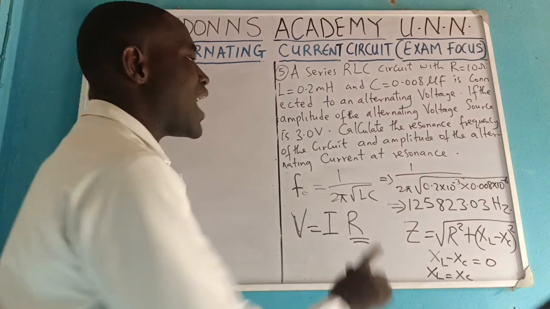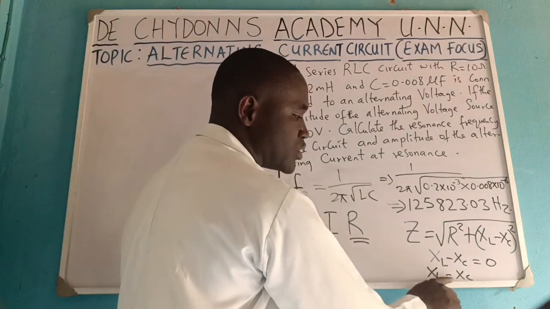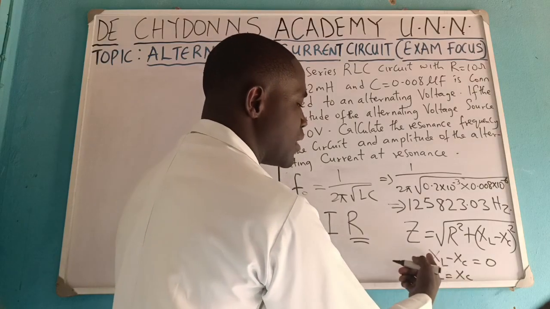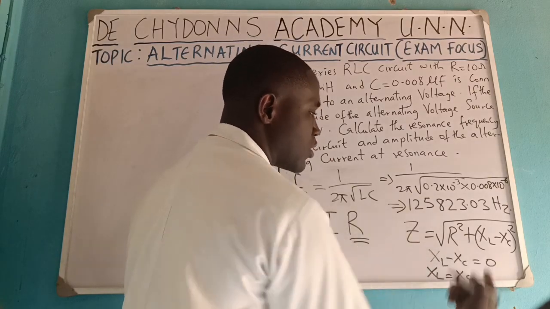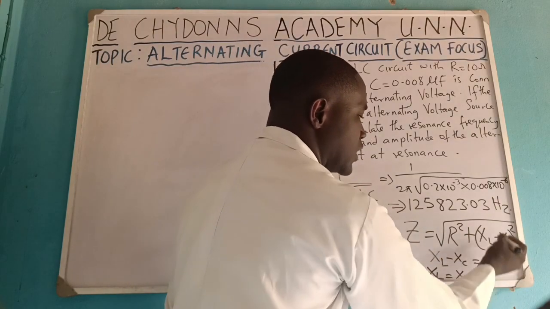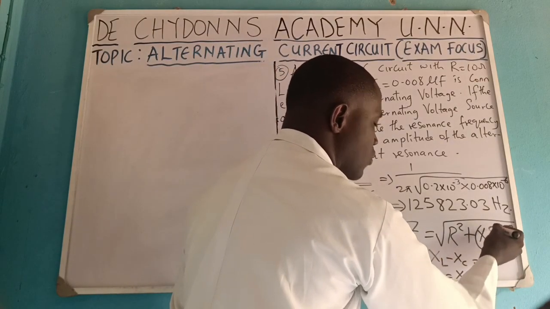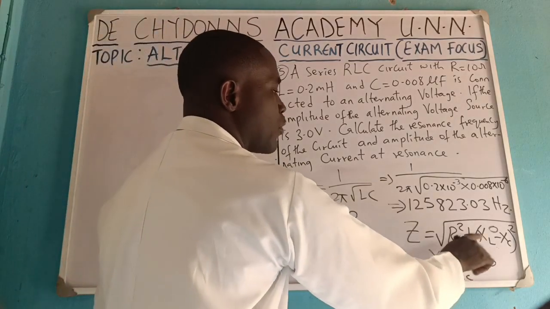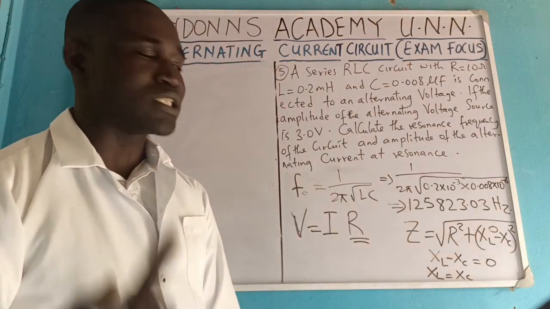We said that at resonance, XL is equal to XC. That means XL minus XC equals 0. So this is like telling you square root of R square plus 0 square, and 0 square is 0.